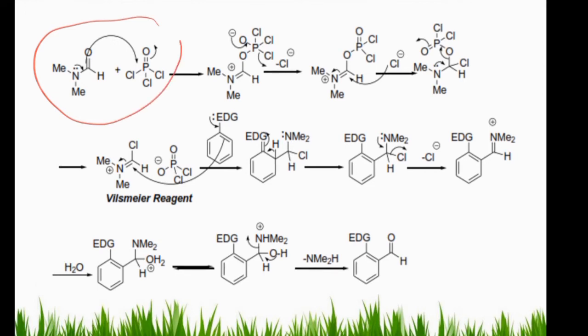And in the next step, the product from this first step is an iminium cation that reacts with the aromatic compound to give a more stable iminium salt.